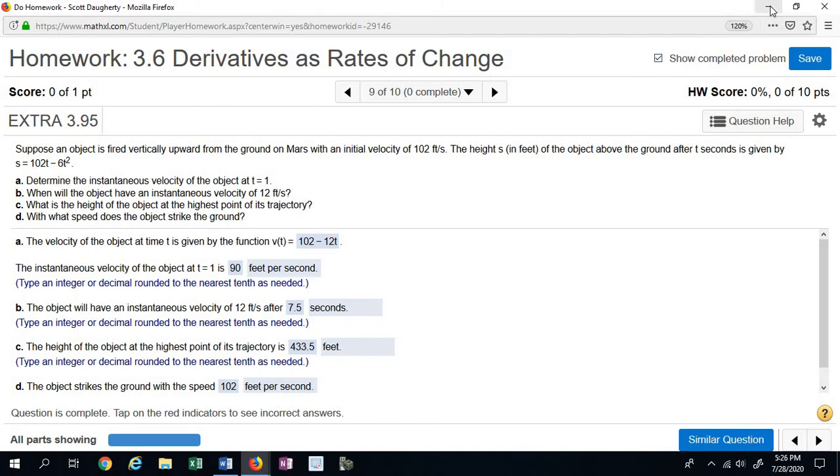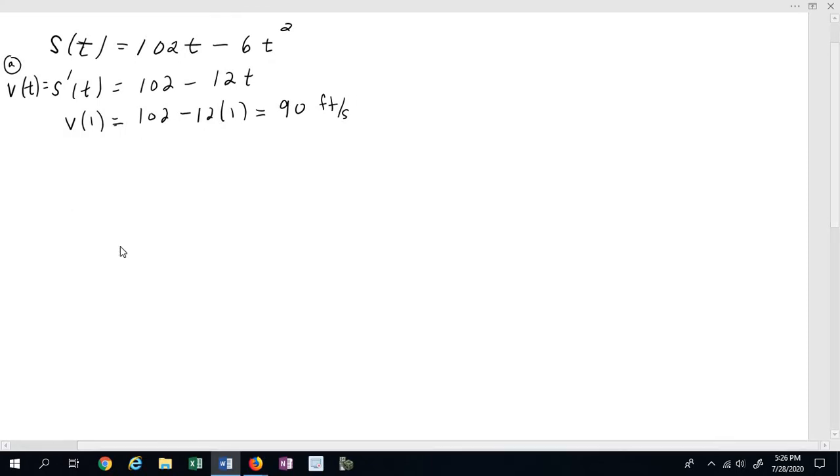Okay, so if we go to the velocity function, we want to know when the velocity is equal to 12 feet per second. So here's the velocity function. Okay, and I want to know when the velocity is 12 feet per second. So when is v equal to 12, right? At what time do I get v equal to 12?